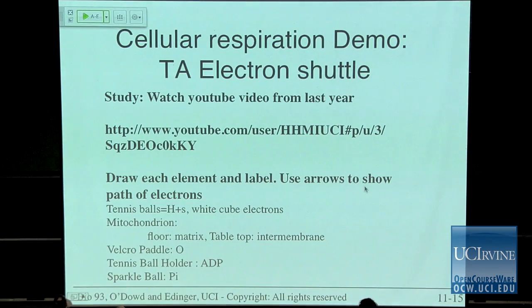Now, when watching a demonstration like this or thinking about what you might want to do, we have one that we did in a previous year on YouTube, so you can look at them. Draw the elements and label using arrows to show the path of electrons. That's just a suggestion.